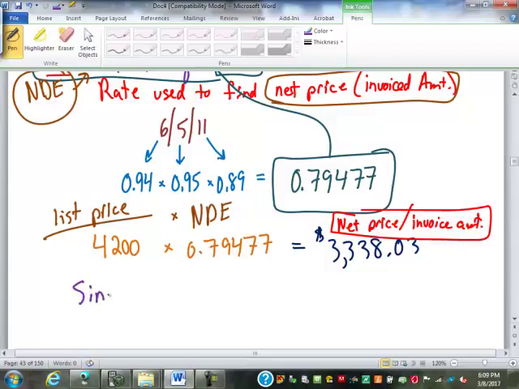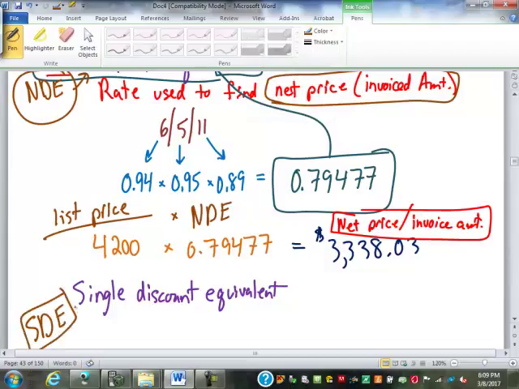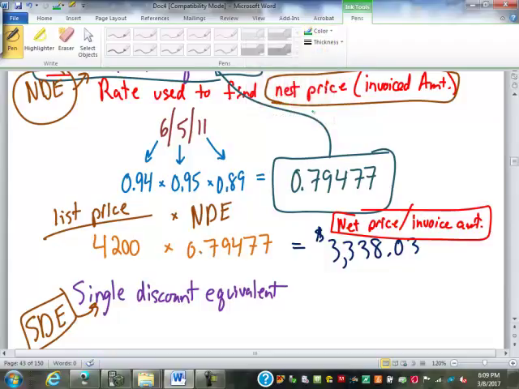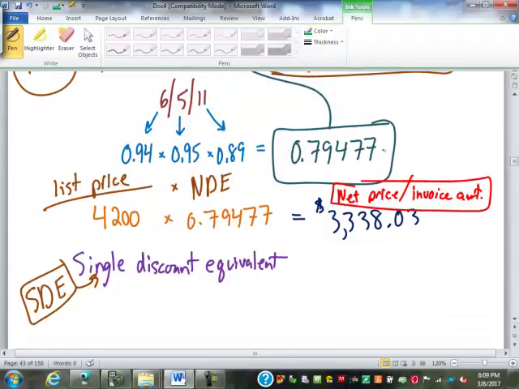The other number we can find from that, the other rate, is called the single discount equivalent. Sometimes called the single equivalent discount rate. Doesn't matter. We're going to refer to that as the SDE, single discount equivalent. This is found by taking that net decimal equivalent and subtracting it from 1.